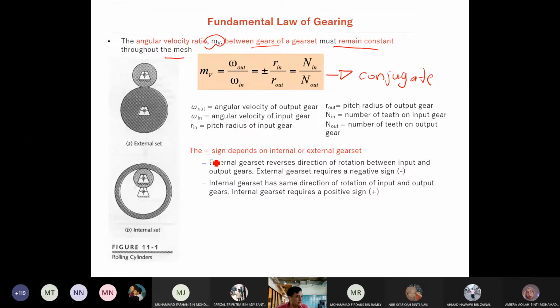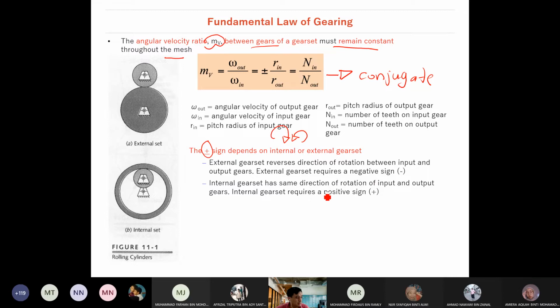Other things is about the positive and negative sign. It just shows the orientation of the rotation, sama ada in the clockwise or in the counterclockwise. If you look at this statement, an internal gear set has the same direction of rotation for input and output.